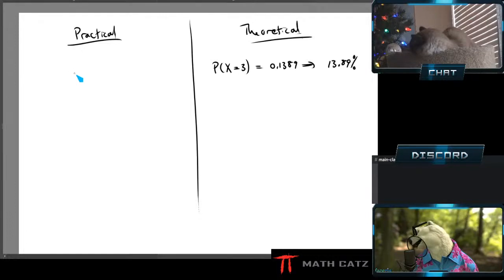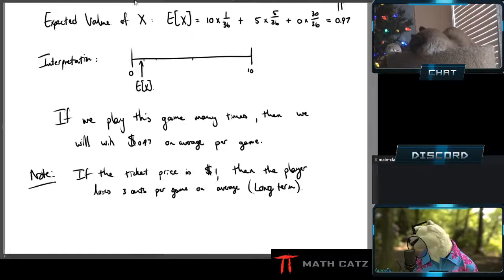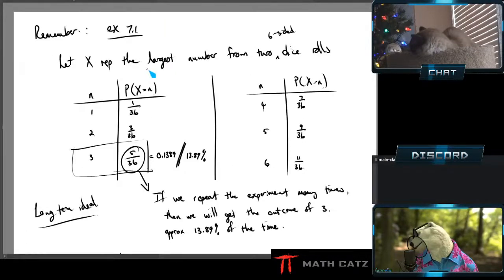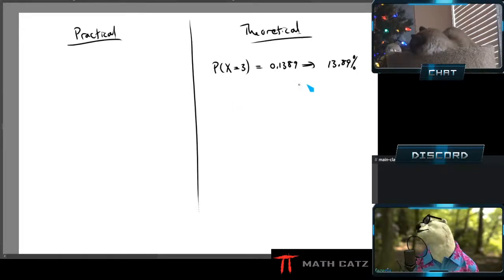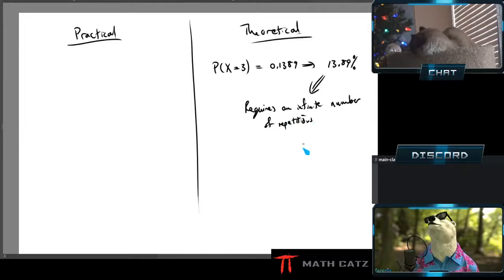So now when I switch to practically doing this experiment, I can't roll the 2 dice this many times. This requires technically an infinite number of repetitions to get to this 13.89%.